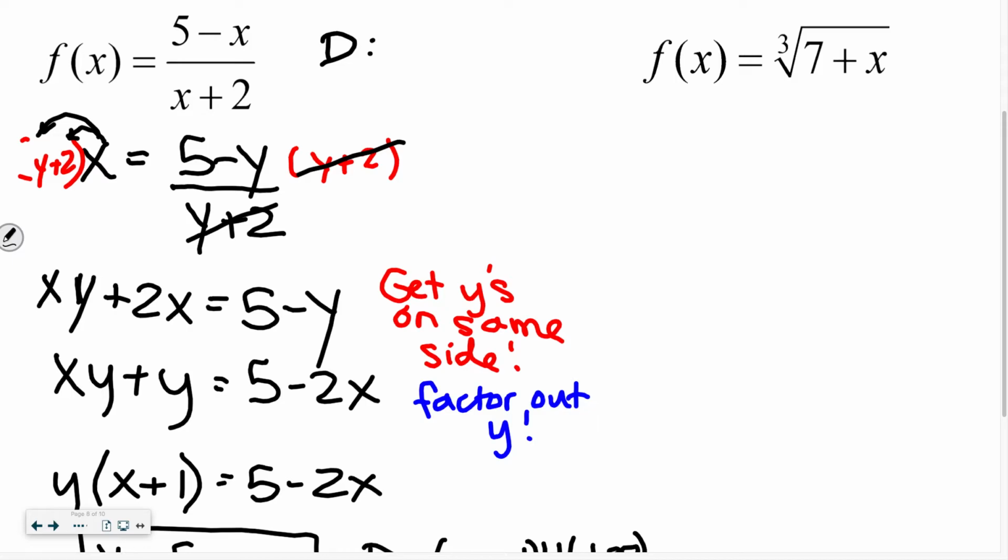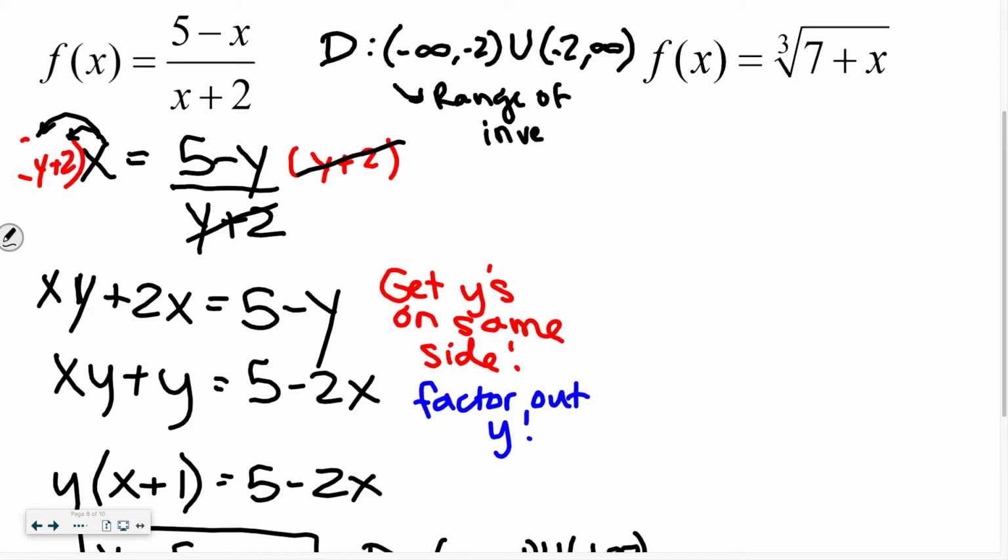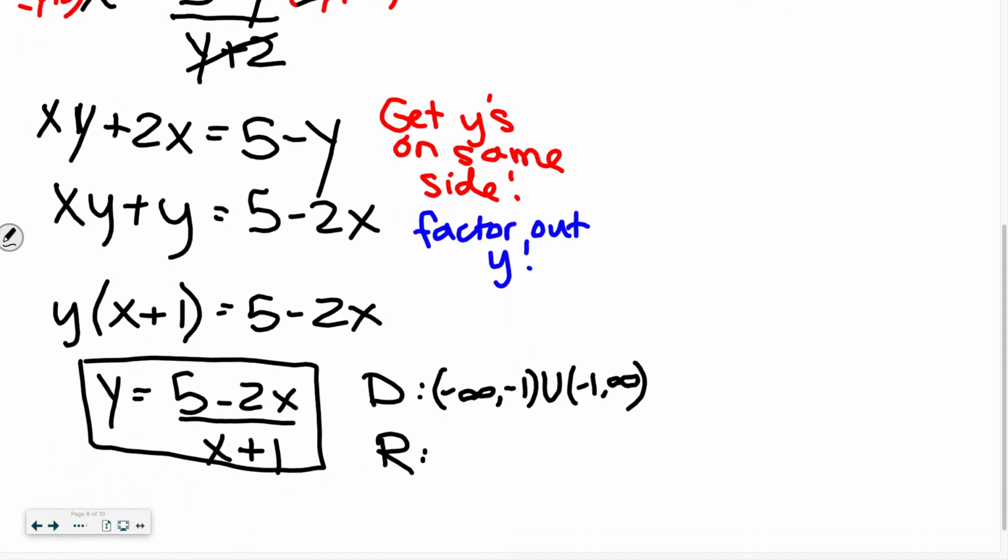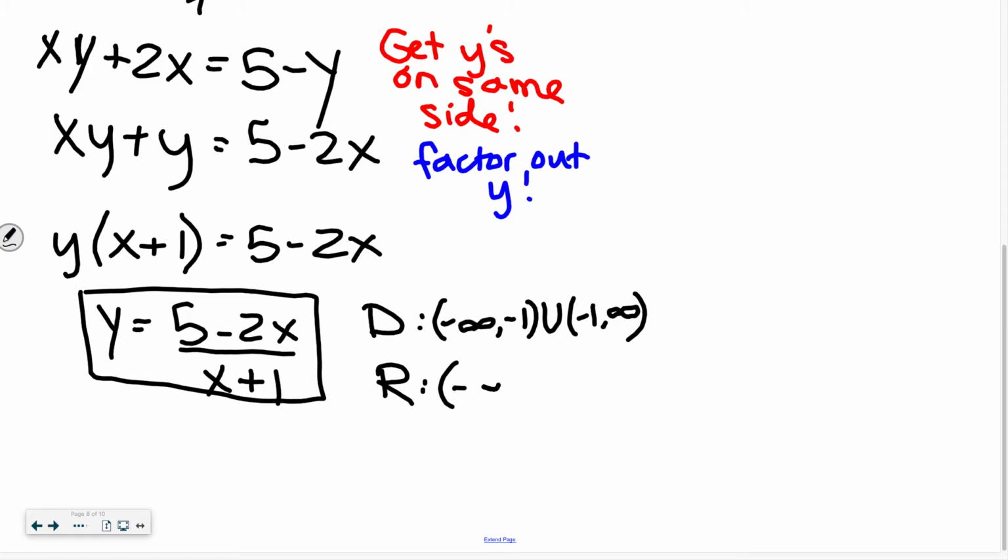So this domain was -infinity to -2 in union with -2 to infinity, which is the range of my inverse function. So I'm going to say that's the range of my inverse. So I'm going to take that and go here, -infinity to -2 in union with -2 to infinity. And make sure you know how to write interval notation for skipping a number.